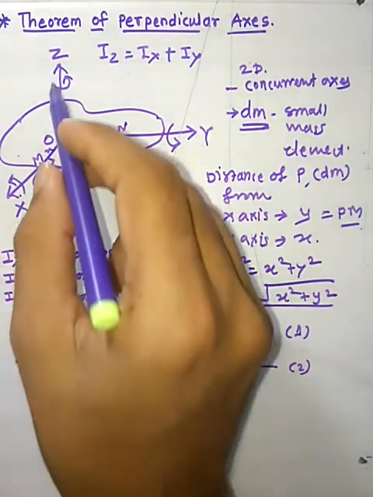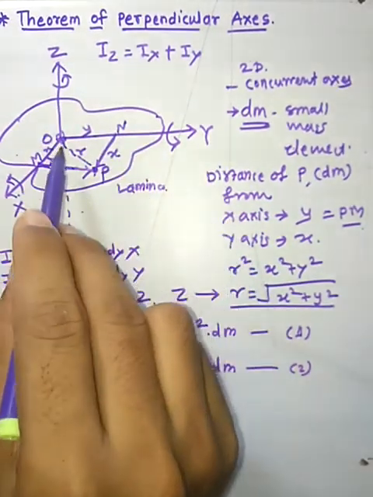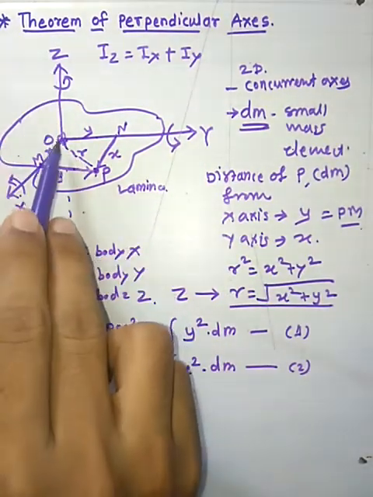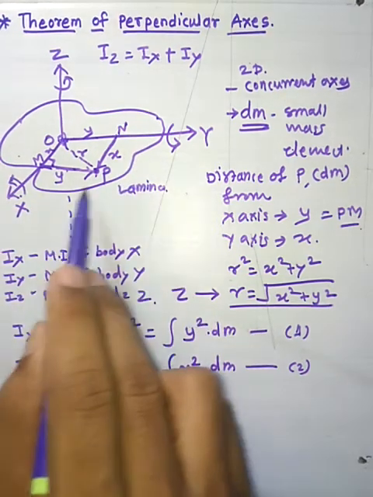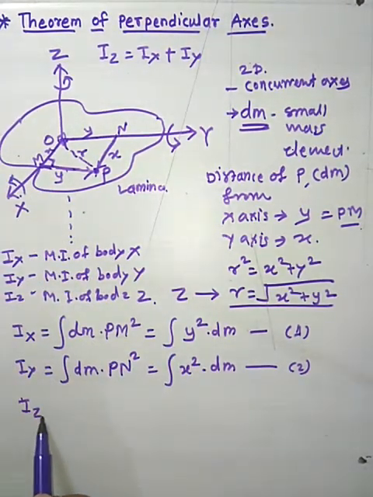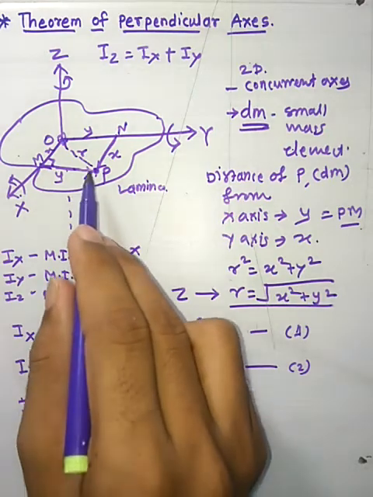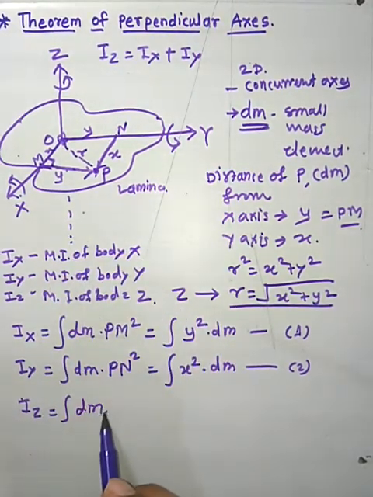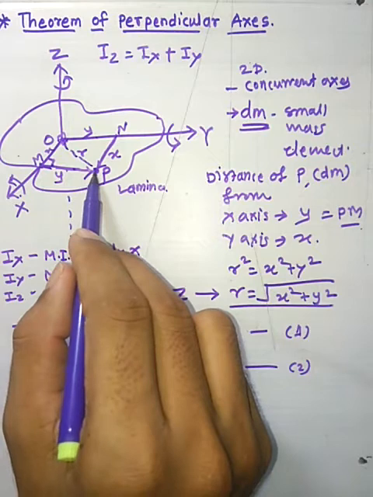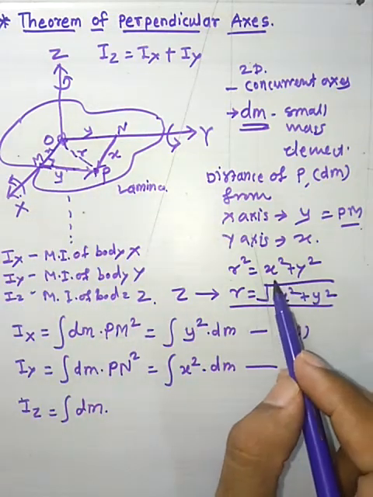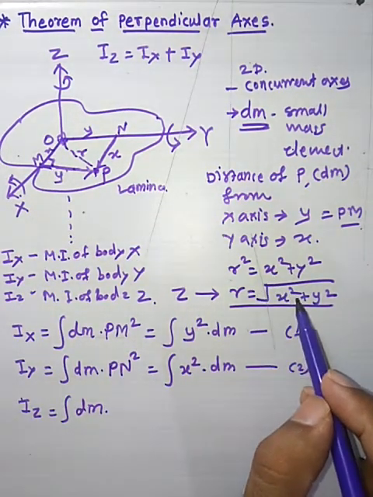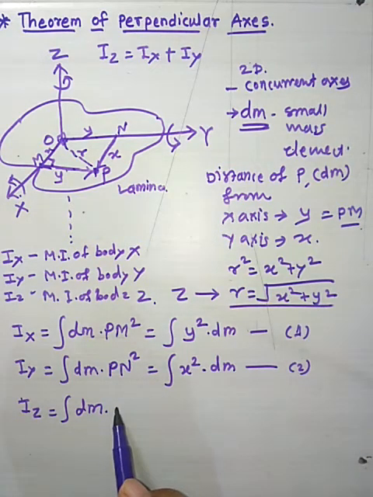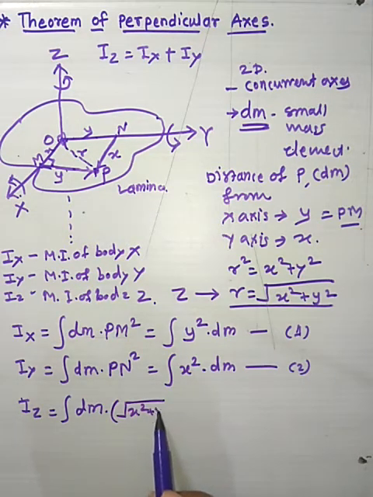Now we want to calculate the moment of inertia of the same body about the z axis, which is perpendicular to the plane of that lamina. So how is it calculated? Iz is equal to the integration of the mass of the point, dm, and the perpendicular distance of that mass P from the axis of rotation, r, which is equal to root of x square plus y square. So this can be written as root of x square plus y square, this square.